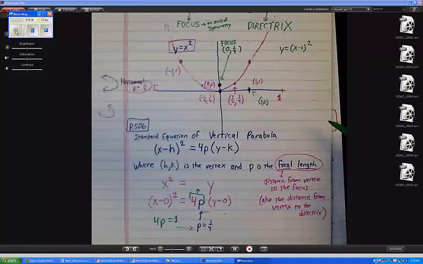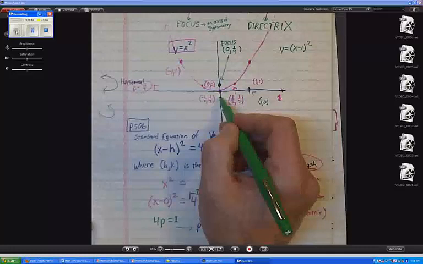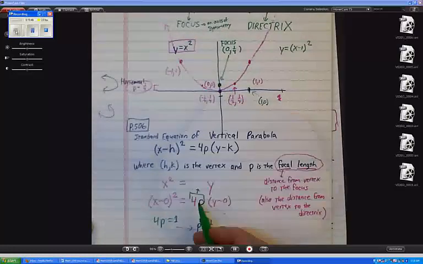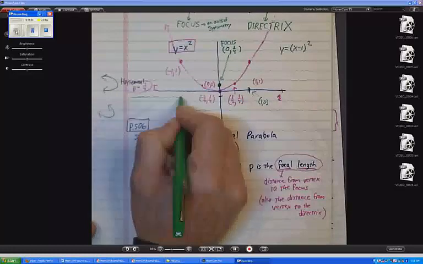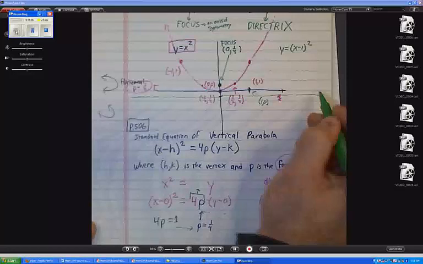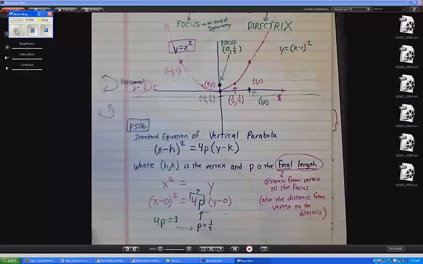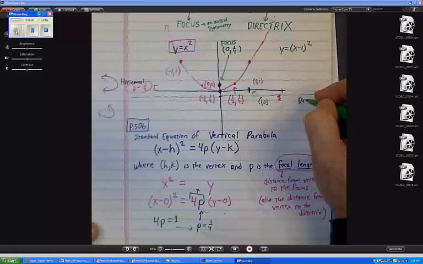Well, it's going to be a line, right below it, and it has to be the same distance away from the vertex that the focus is. So let me draw that line. If I have a vertical parabola, then I will have a horizontal line for my directrix.